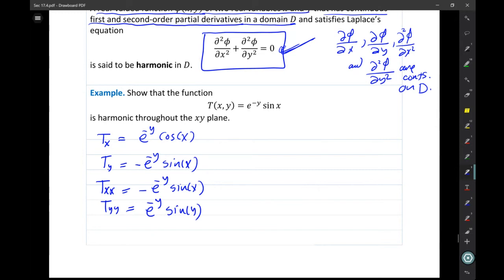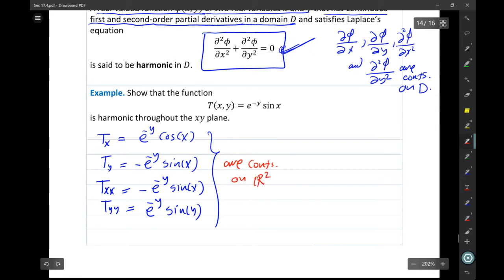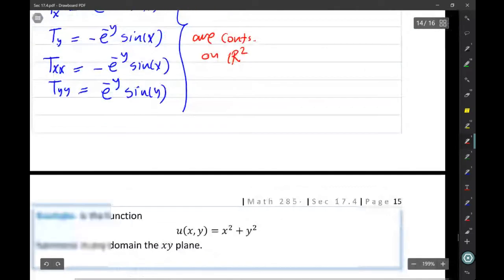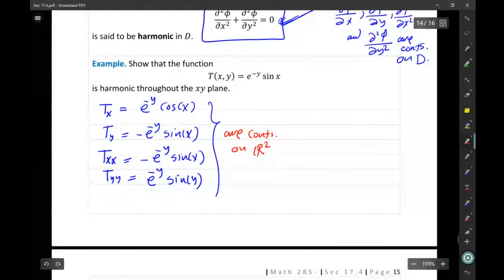Now, all of these derivatives are continuous on R square. Why? Because exponential is continuous, cosine is continuous, and their multiplication is continuous; exponential is continuous, sine is continuous, and their multiplication is also continuous. So all of them are continuous. Now you have to check the second condition, which is the Laplace equation.